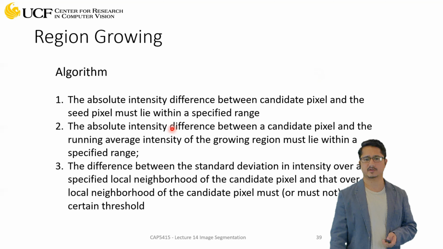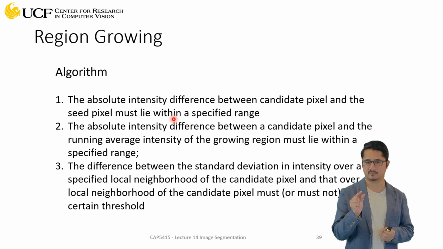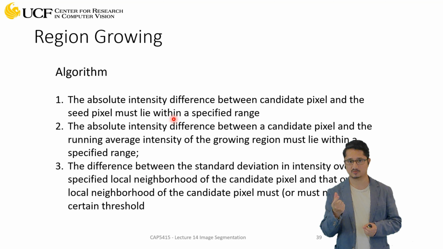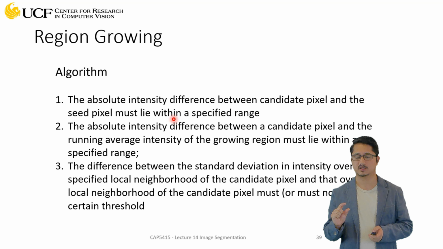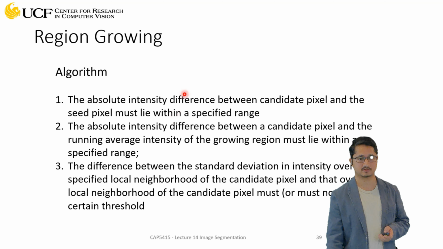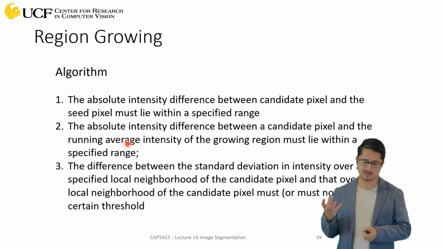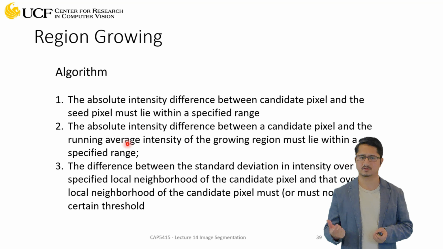This is a very simple algorithm which I explained in just two sentences earlier. What you have to do is find the distance in the similarity measure, which could be just the intensity of the pixels, and use some threshold to say whether they belong to the same segment or not. Then we keep storing a running average.